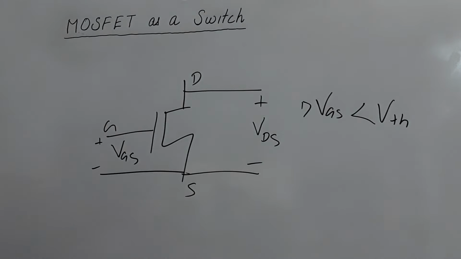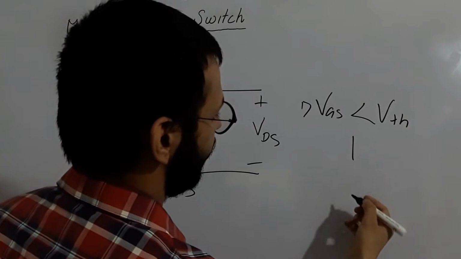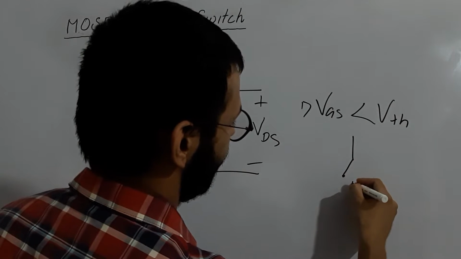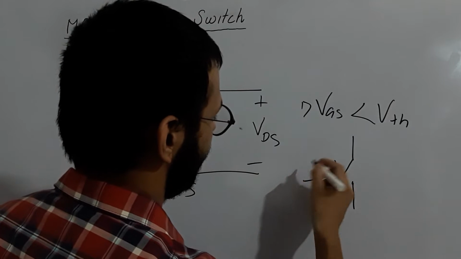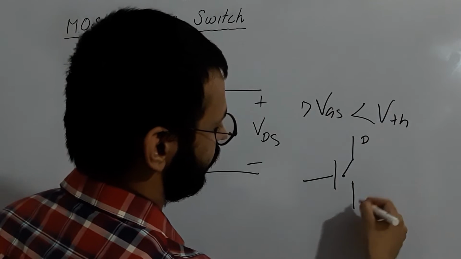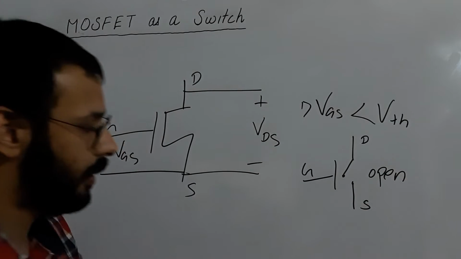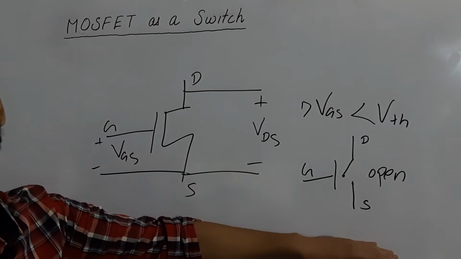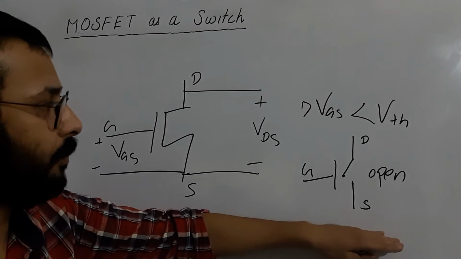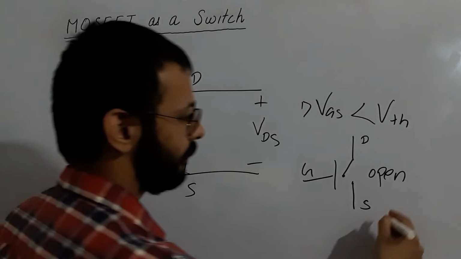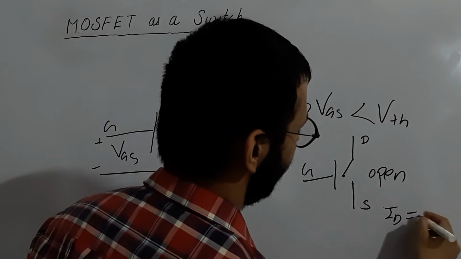What does it mean? It means this is drain, this is source, this is gate, and the circuit will be open. What if the circuit is open? Then the output will be 0. We have no current. ID is equal to 0.